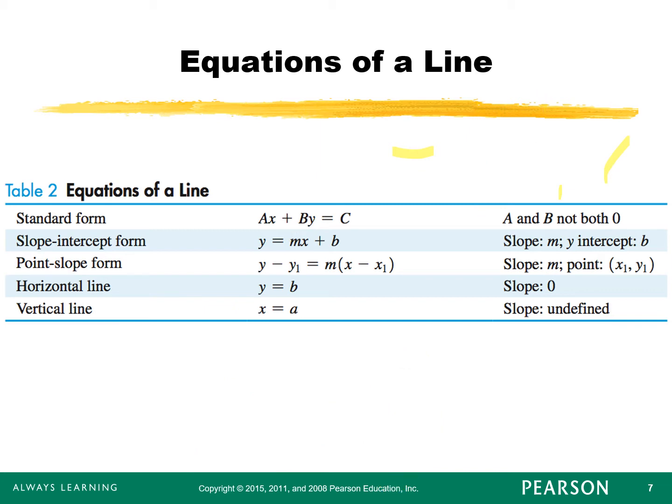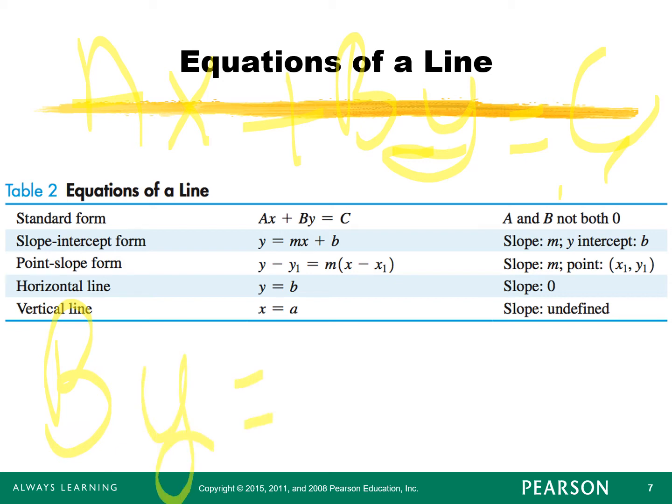And the second thing that we'll talk about is the slope-intercept form. This is the standard form, and now if we want to have the slope-intercept form, how can we do it? We have ax plus by equal to c, and if we want to move from this form to the slope form, let's take the ax to the other side.